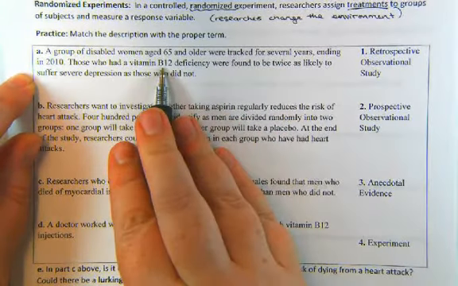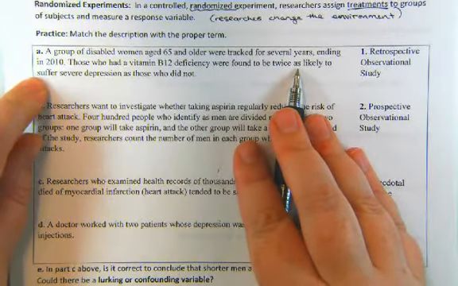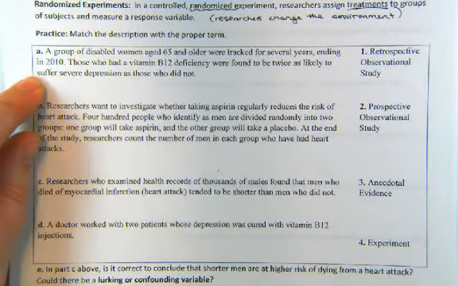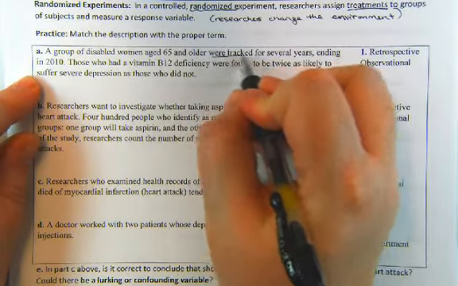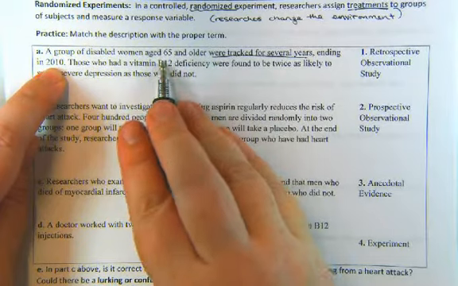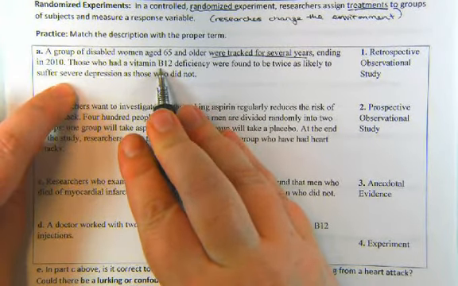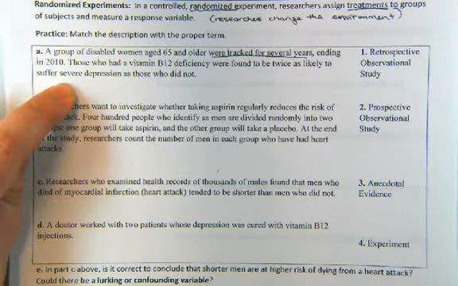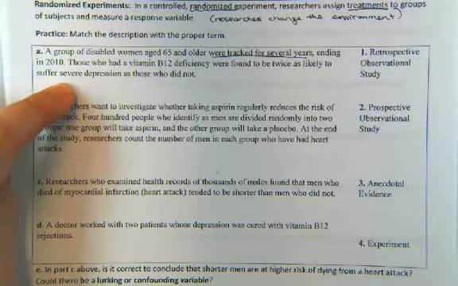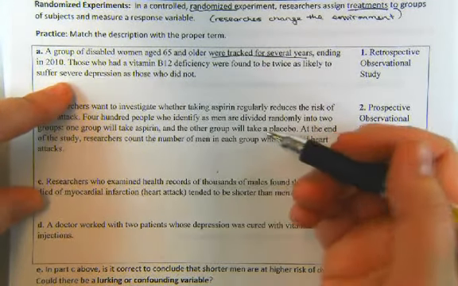So they were tracked for several years in 2010, and then looking back, they saw that those that had vitamin B12 deficiency also had depression. Notice they're not manipulating the environment at all. They're just observing, and they're observing something that's occurring, as they collected it, so this is recorded as it occurred.